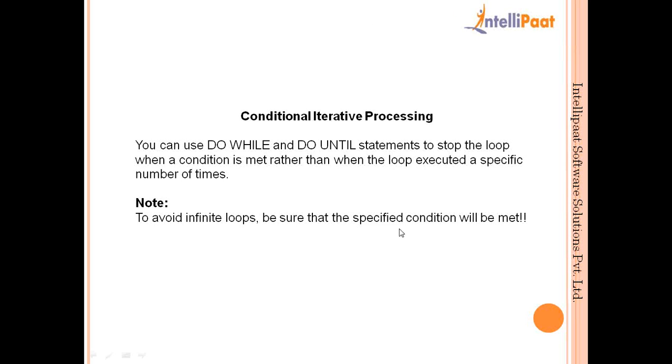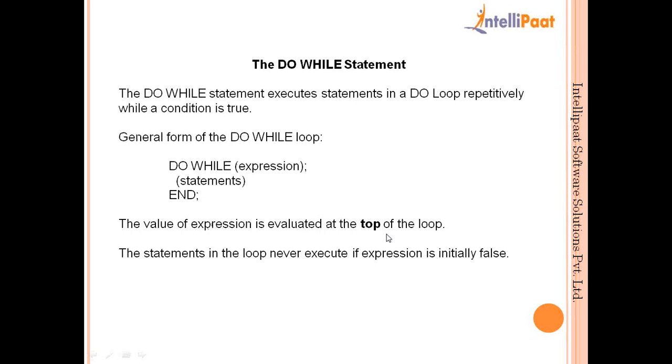All right, now let's move to the next slide and we talk more about the do while statement, or the do while loop. So the do while statement executes statements in a do loop repetitively while a condition is true. Okay, so by the time the condition is true, the loop will keep running.